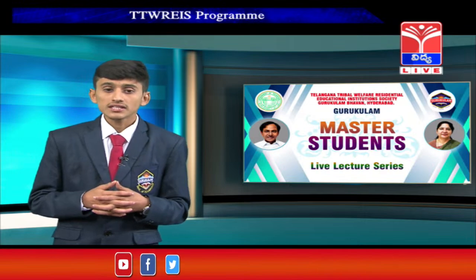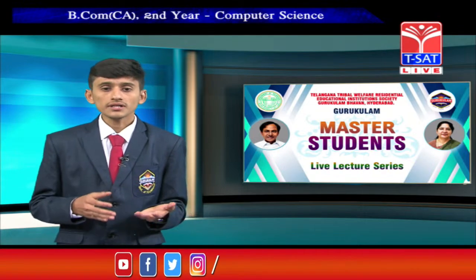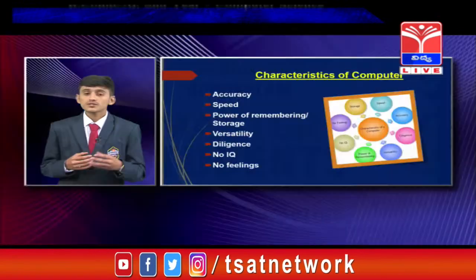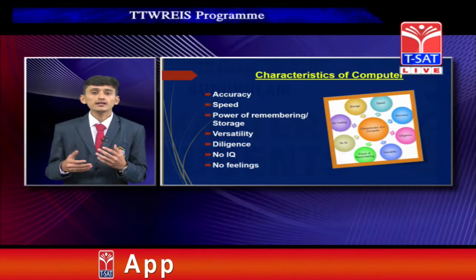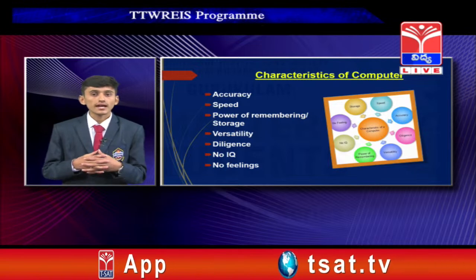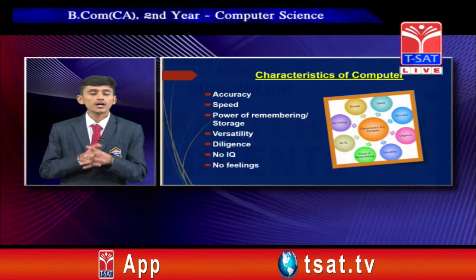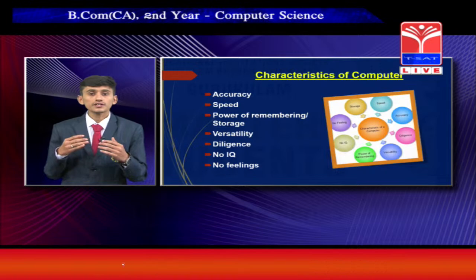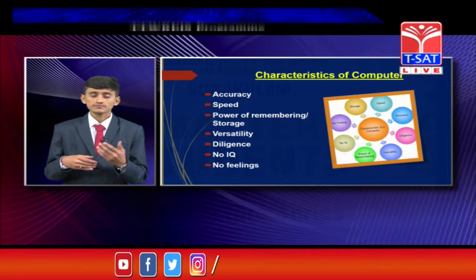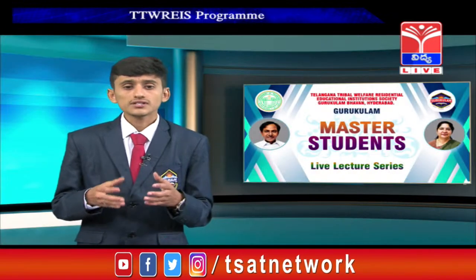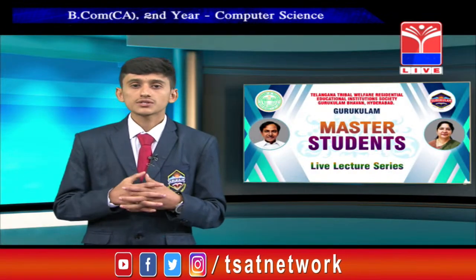My dear friends, the power of remembering is nothing but storage. I told you initially that the computer was mainly invented for the purpose of fastest calculation, but not only for fastest calculation; at the same time computers are also used for storage. So this is about storage.